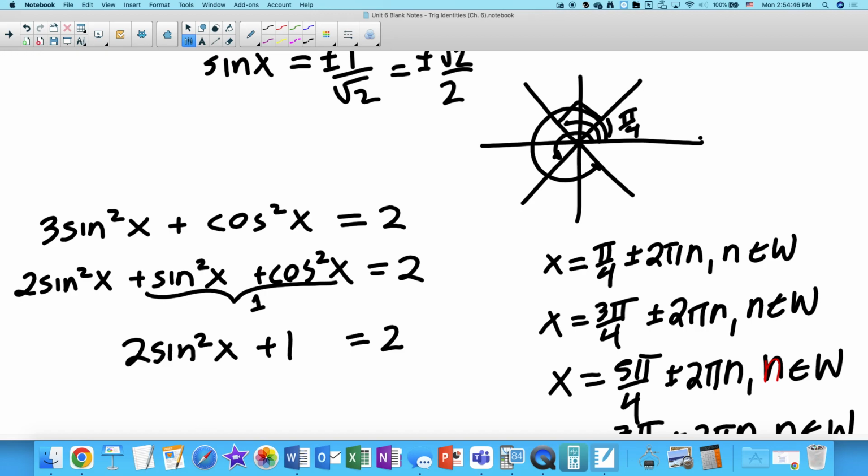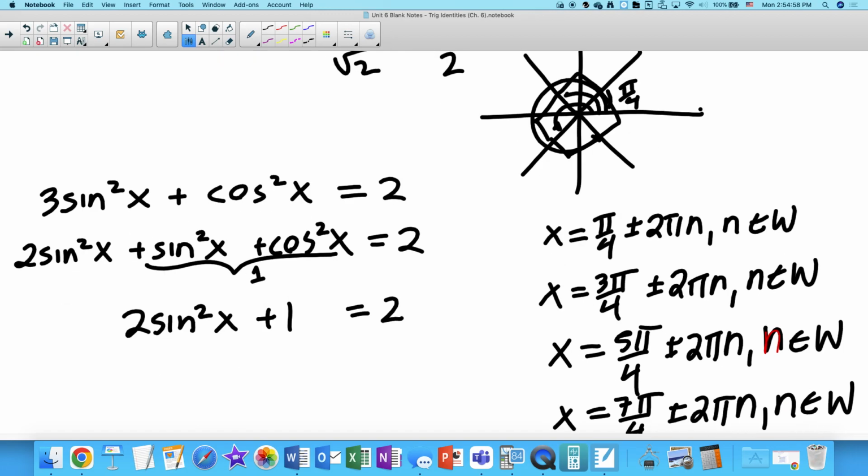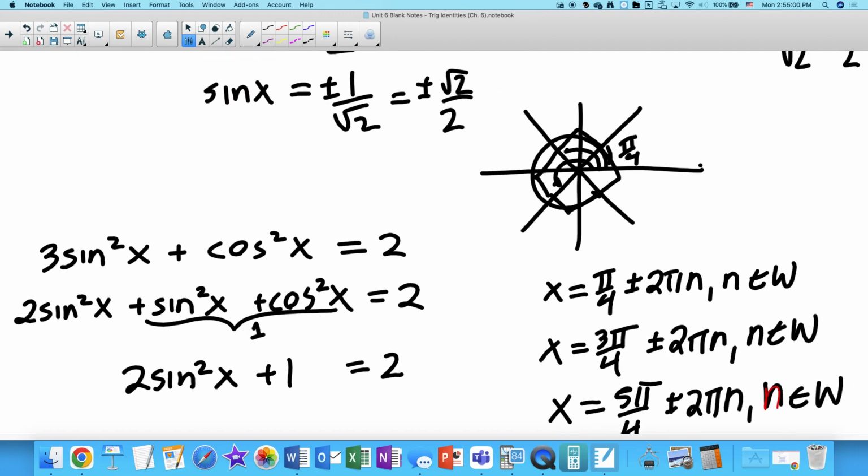So if you start with the first one and do a quarter turn, that's either 90 degrees or pi by 2, you're going to get all the other angles, right? So we can actually write this as a single solution. X equals pi by 4 plus or minus a quarter turn, pi by 2n, where n is an element of the whole numbers, right? And that would be the simplest way of writing the solution to this question.